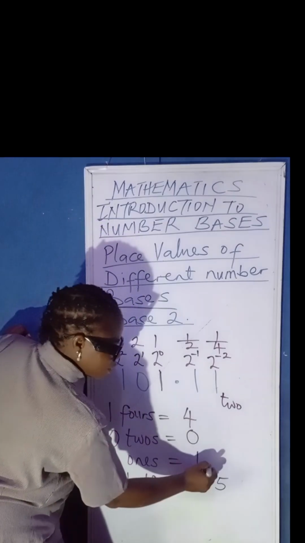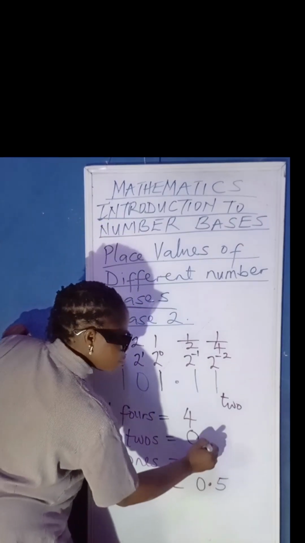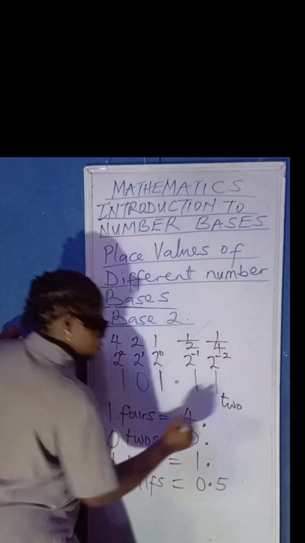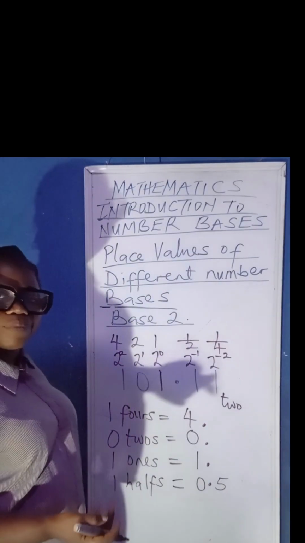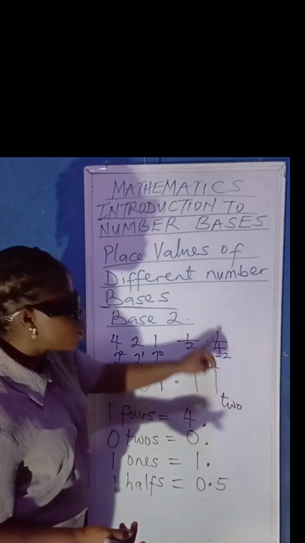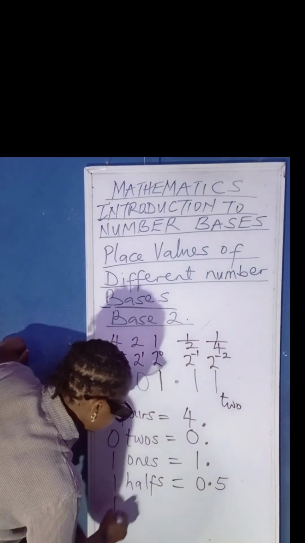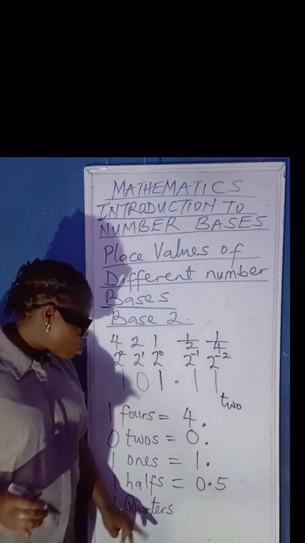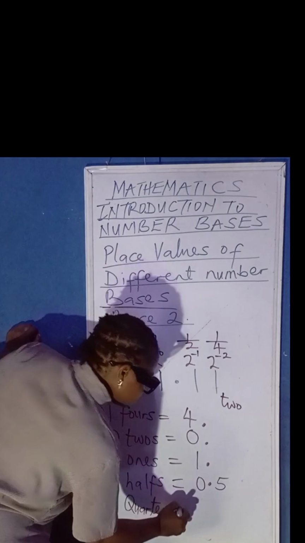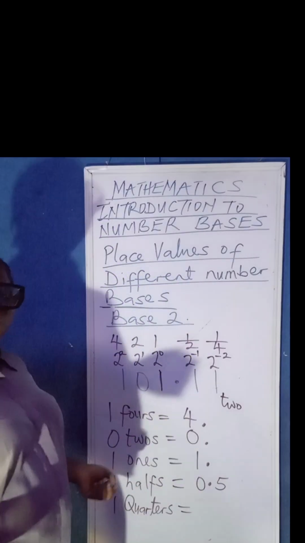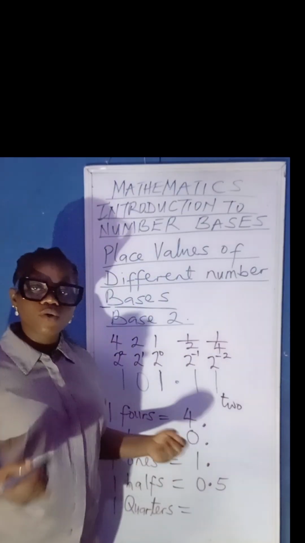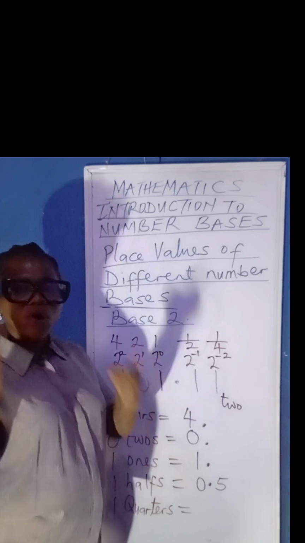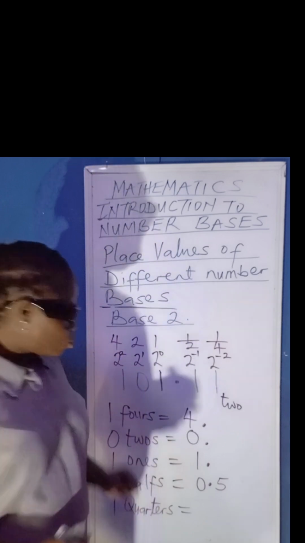Of course, the decimal point will also be at the back of this. We are taking them now to base 10. This is 1 quarter, which means 1 times 1 over 4. 1 times 1 over 4 equals 1 over 4. 1 over 4 is the same thing as 0.25.